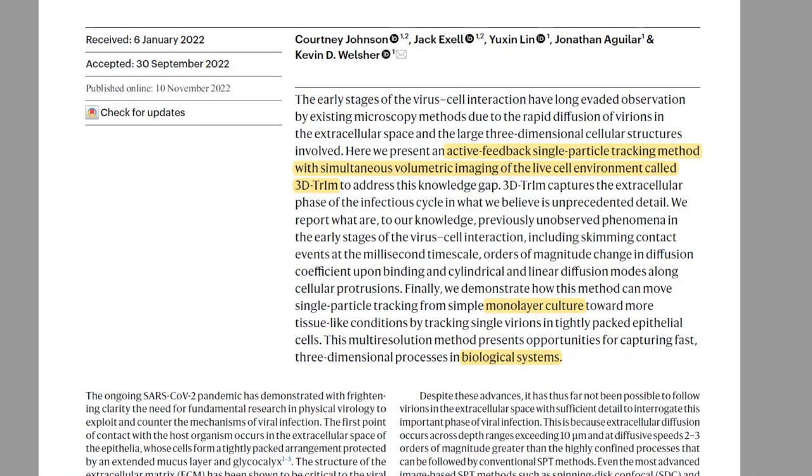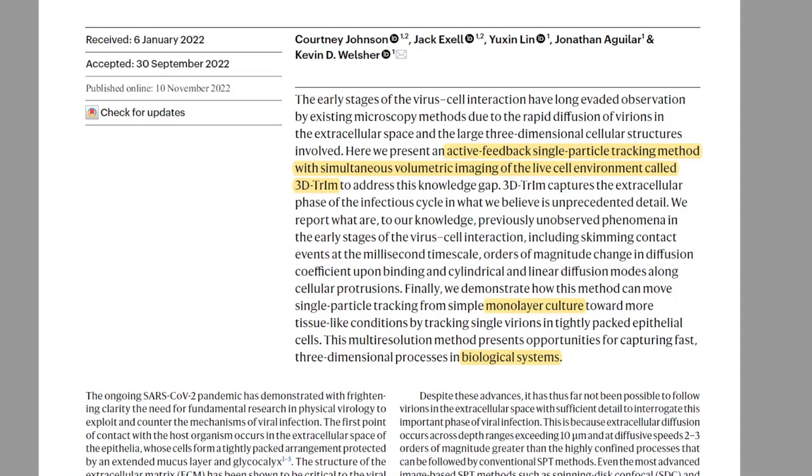Now, in the final sentence, I highlight biological systems because they say this presents opportunities for capturing fast three-dimensional processes in biological systems. And they're talking about their technology of using this tracking method and this other direct visualization method. But in this particular experiment, they did not use biological systems. And that's a big part of the problem.